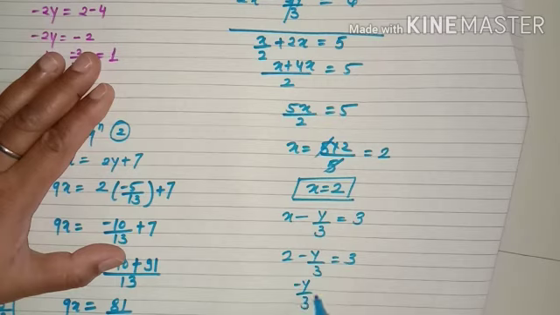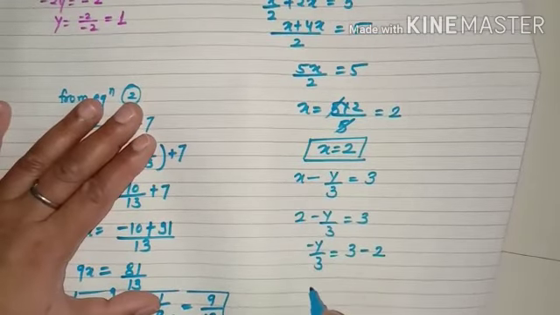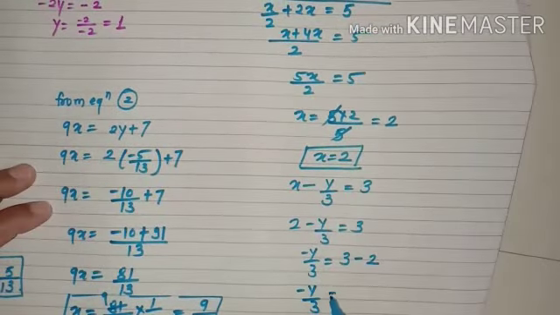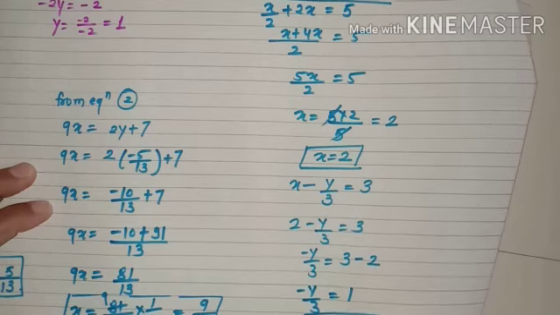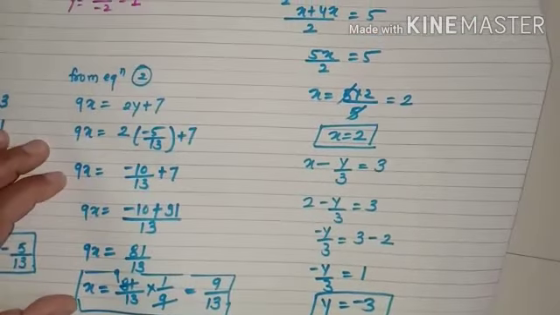This plus 2 will shift into the right hand side. We will get minus 2, minus y by 3 which is equal to 1, and the value of y is here minus 3. The value of x is 2 and the value of y is minus 3.